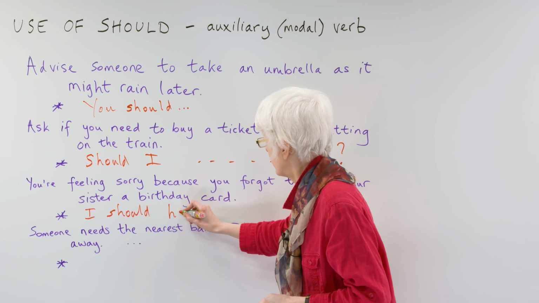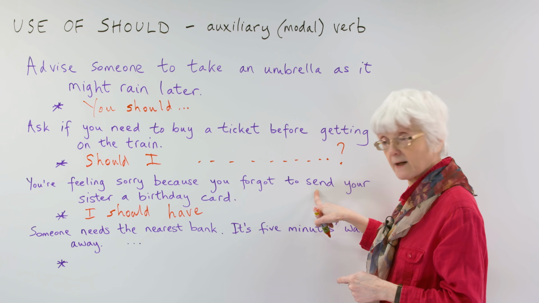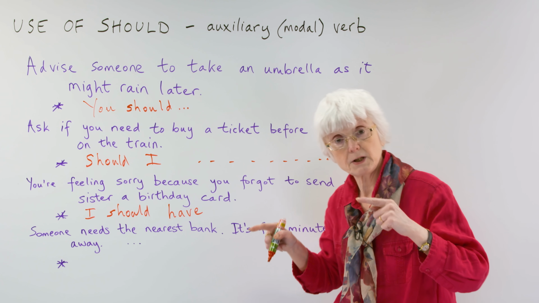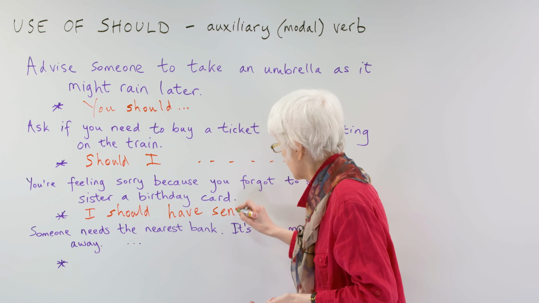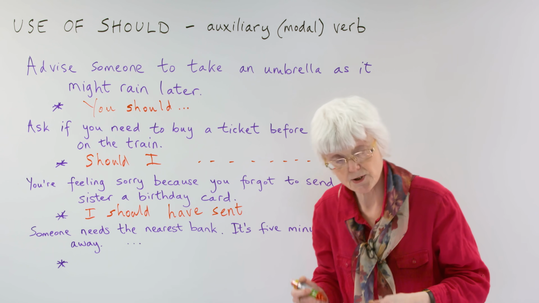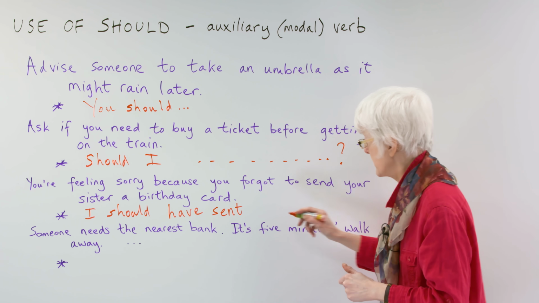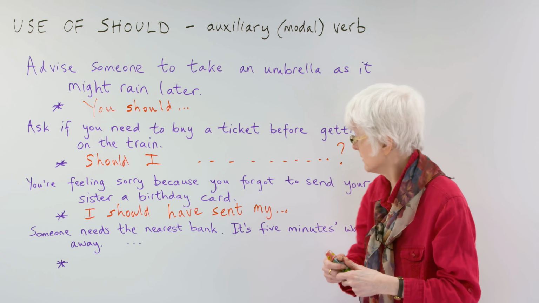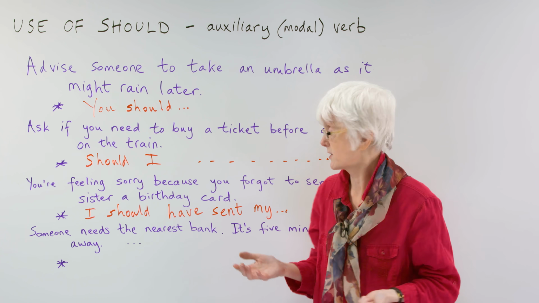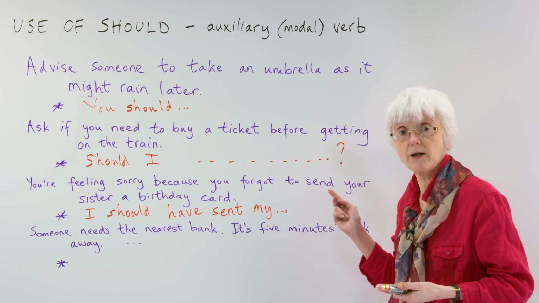Okay, I should have. And then we've got send here, but we have to use the past participle. I should have sent. I should have sent my sister a birthday card, but I forgot. I should have sent my sister.